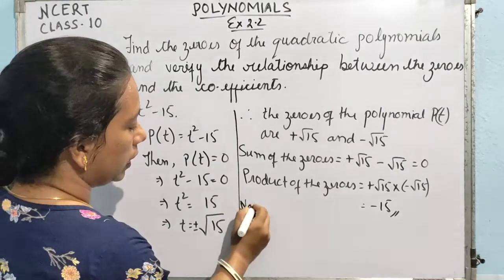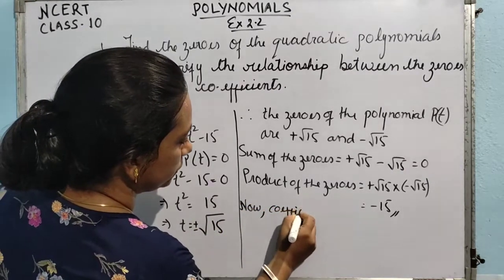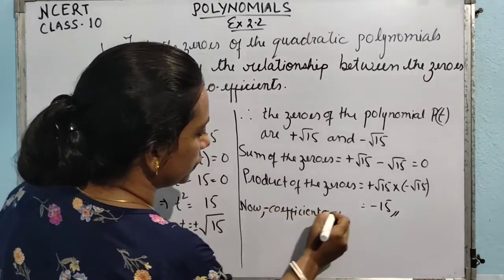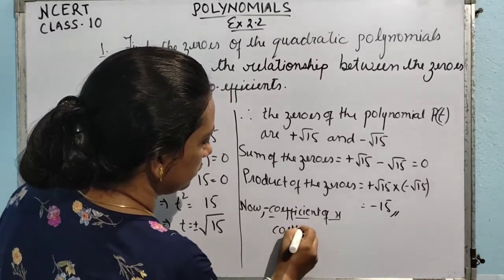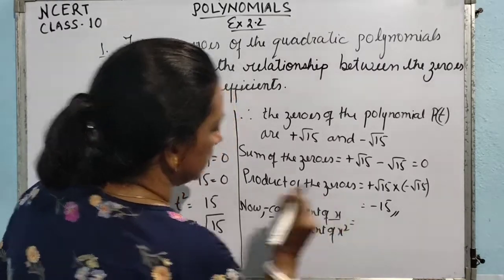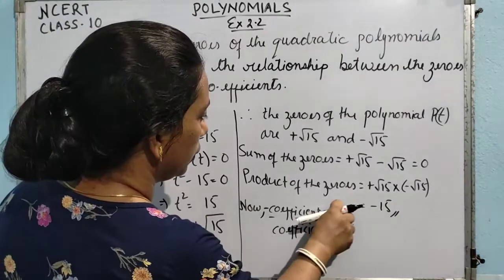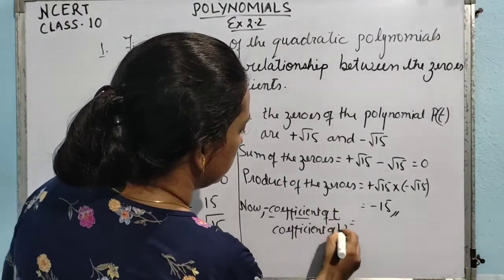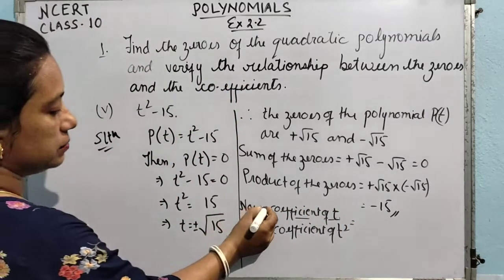Now about the coefficients. Now minus of coefficient of x by coefficient of x square, isn't it? Now see here, when we come to the coefficient, here it will not be x since it is t, isn't it? Okay, coefficient of t by coefficient of t square, with the minus sign.